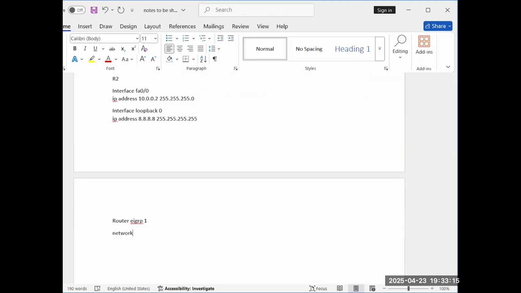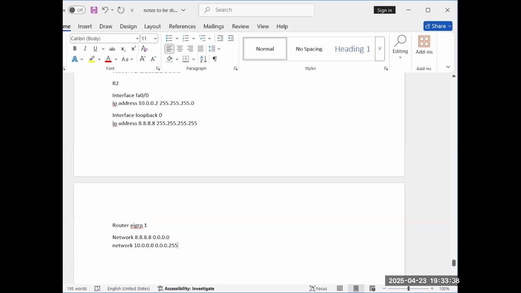What is the IP address? 8.8.8.8, 0.0.0.0. Another network, 10.0.0.0, 0.0.0.255. Okay, that's it. So routing is enabled.